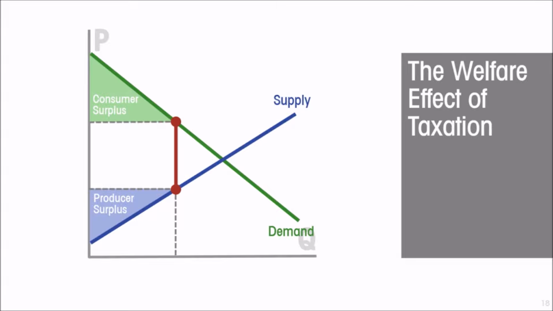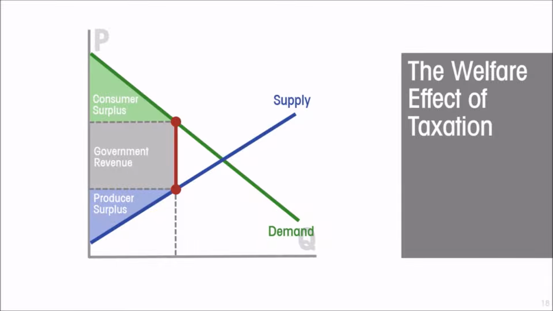But we now add a new element of welfare, which is government revenue. Government revenue is the quantity traded, which is the width, multiplied by the amount of the tax, which is the height.